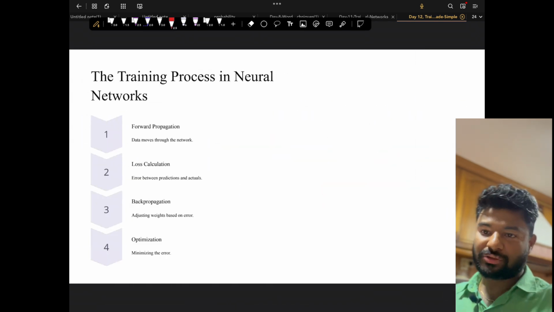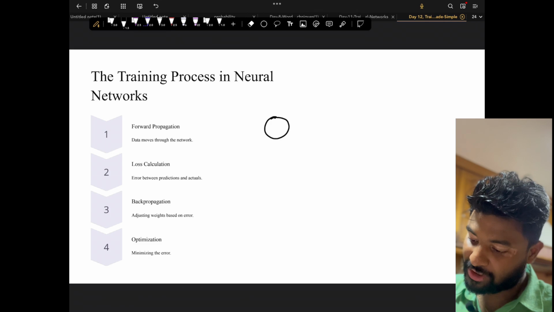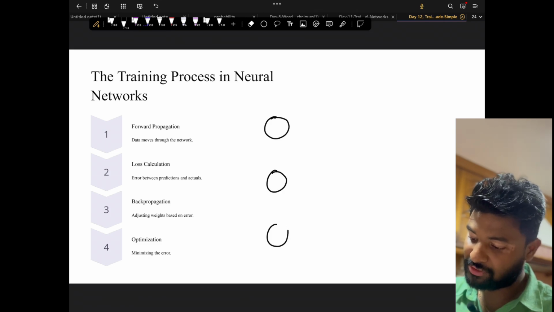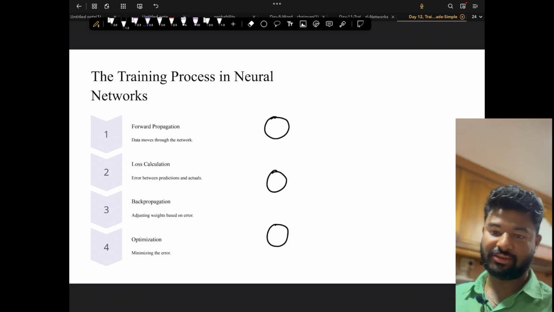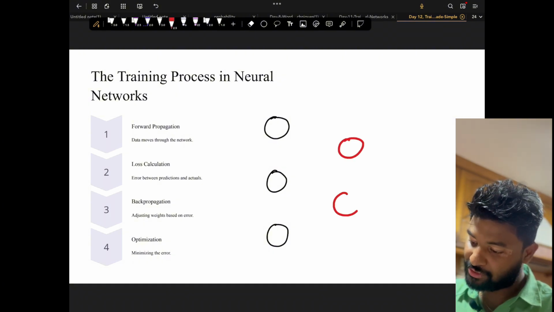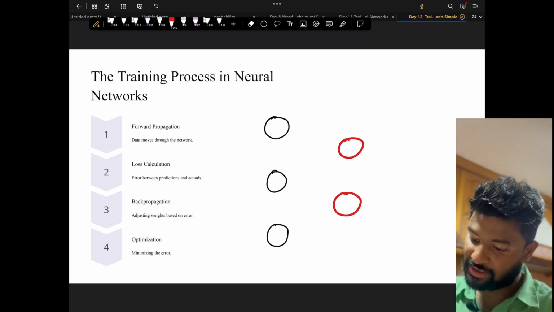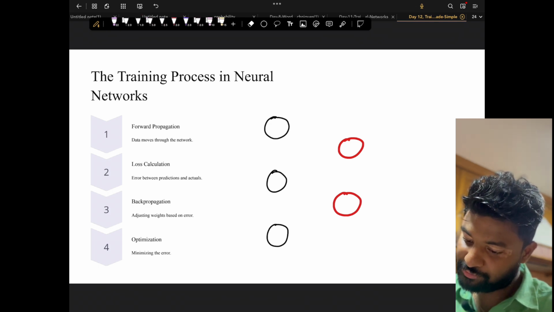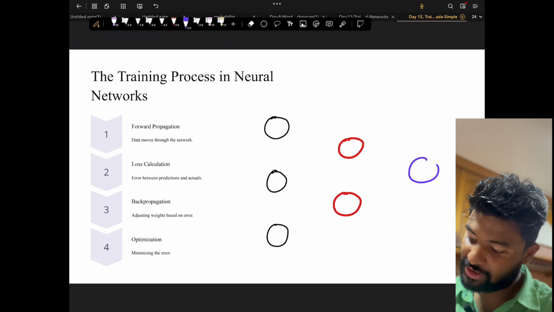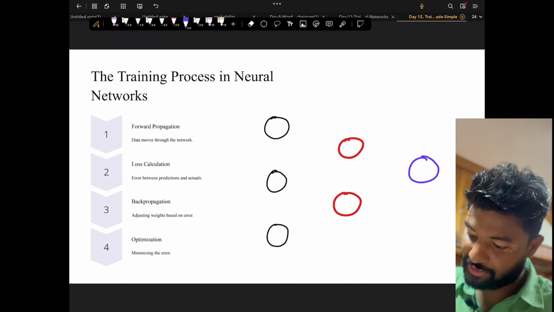Now here I'll try to put forward some neurons. In a given neural network, assuming that it has 3 input features, and then it has 2 neurons in a hidden layer, and then assume that it has 1 output layer with 1 neuron.